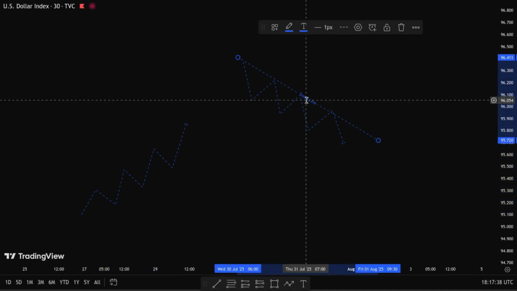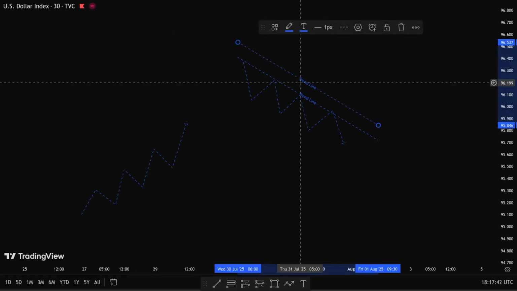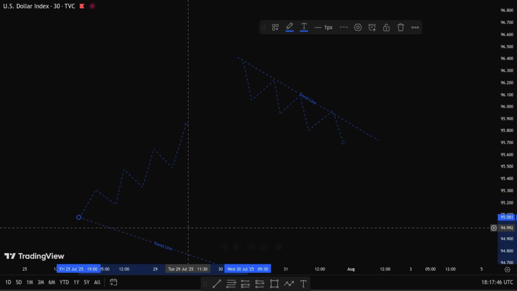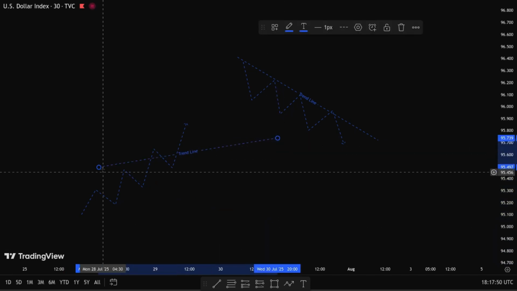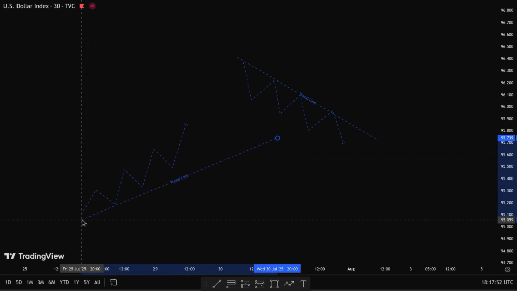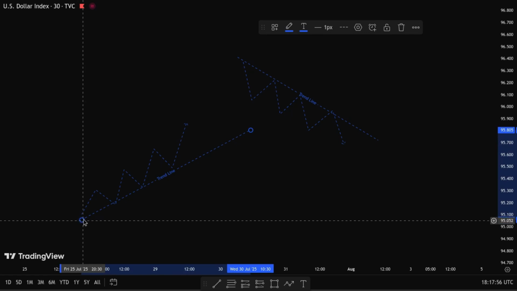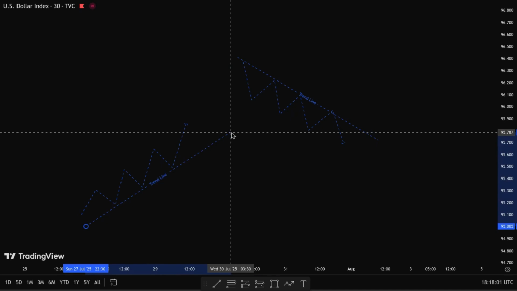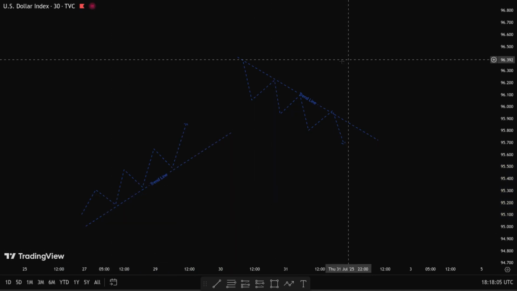And you draw a line something like this. This is a trend line. So this is an uptrend and this is a downtrend.